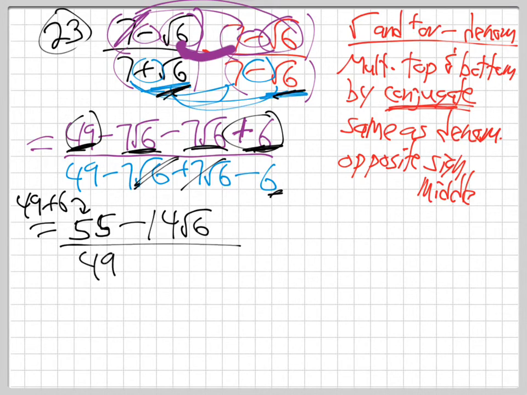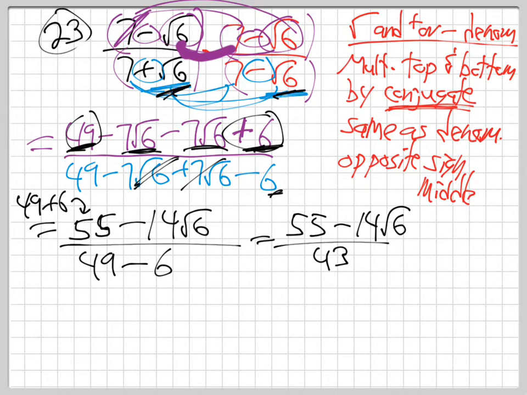All over 49 minus 6. And that is 55 minus 14 root 6 all over 43. That looks like it's option B on the multiple choice. There it is.